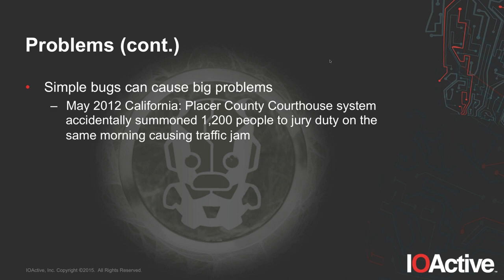On that date and time, all these people went on the road to go on jury duty, and they caused a traffic jam. So you can see that a really simple bug that alerted people about jury duty caused a traffic jam in a city.